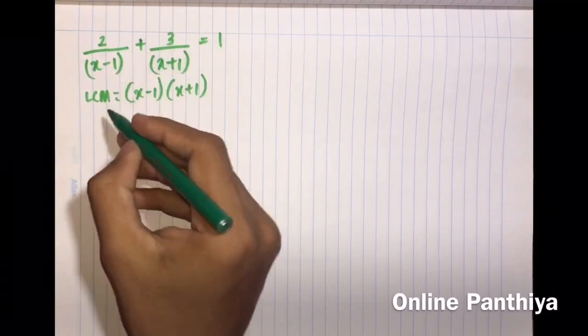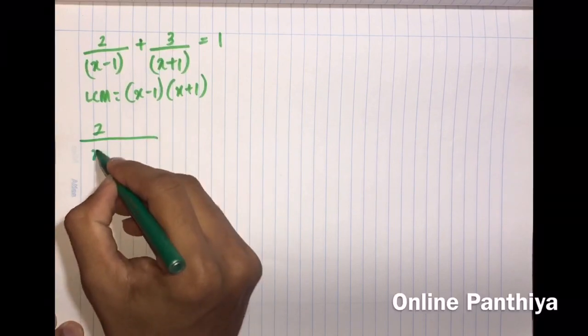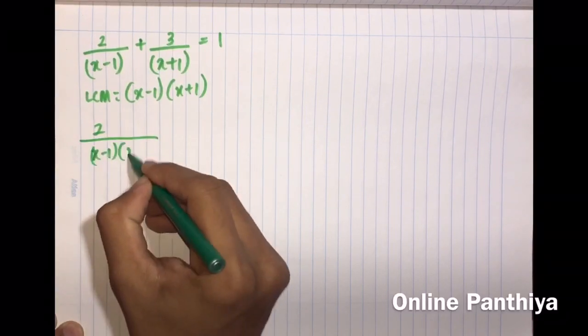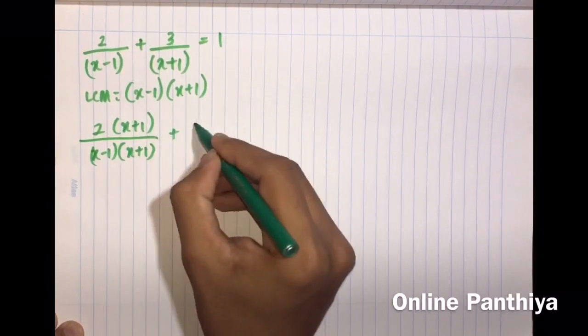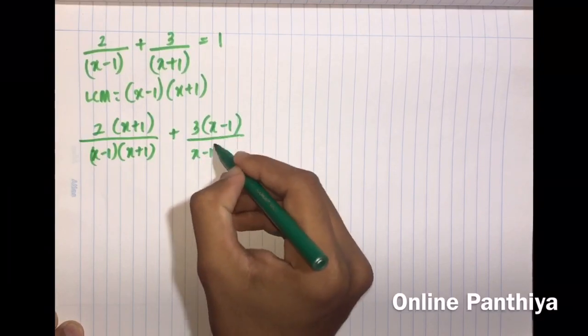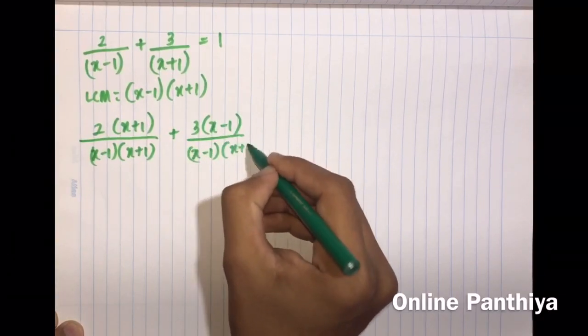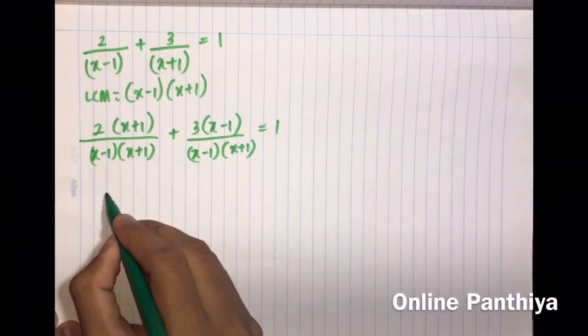You have to multiply both the numerators and the denominators by the same number. Here you are going to multiply by plus 1, this also you multiply by plus 1. Then here you are going to multiply by minus 1, equals 1. So this is the common denominator.